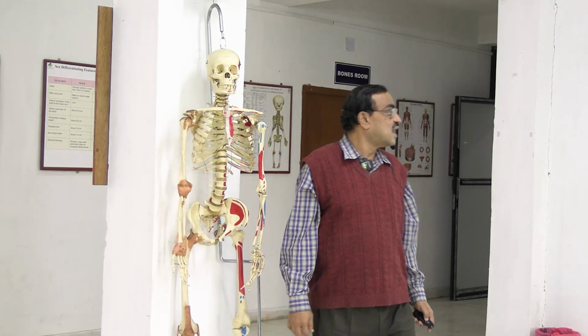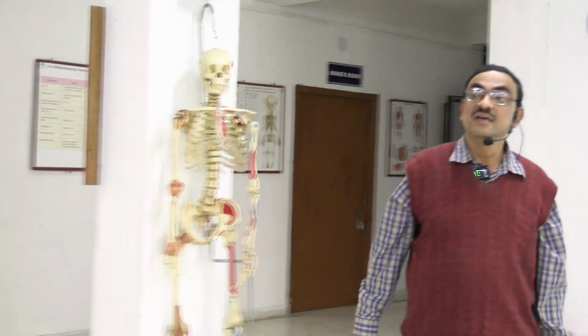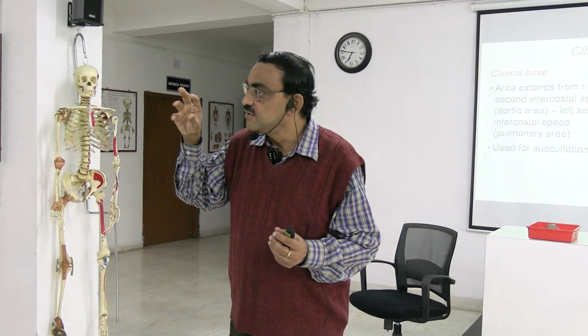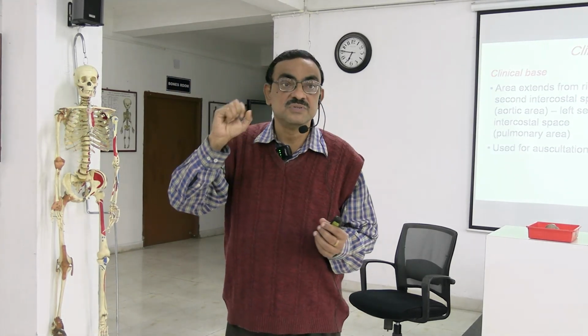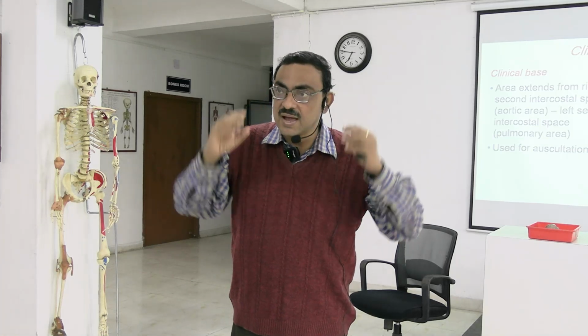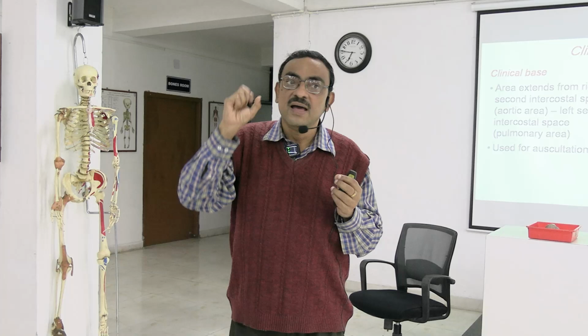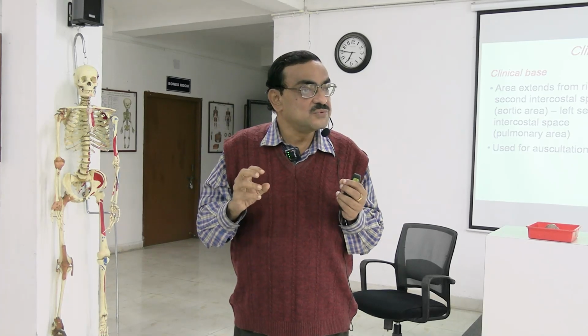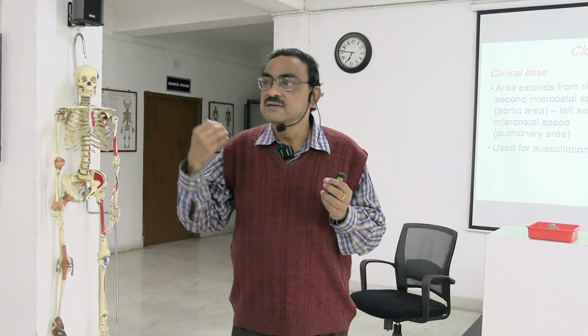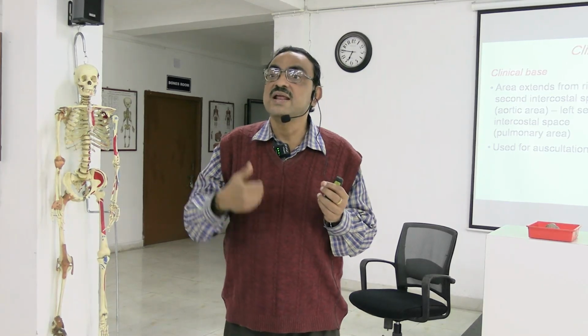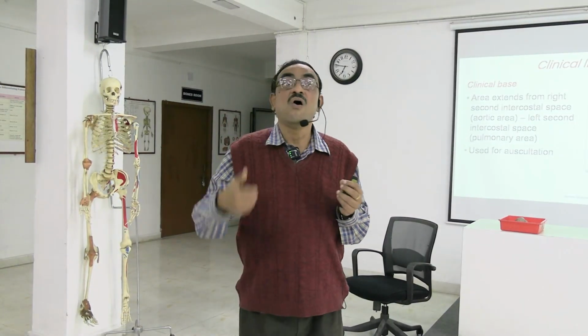So, these are important for the clinicians because they put their stethoscope over that area and try to hear the heart sounds. That is, they want to hear the normal heart sounds like the first heart sound and second heart sound, or any added sounds, or any murmurs.